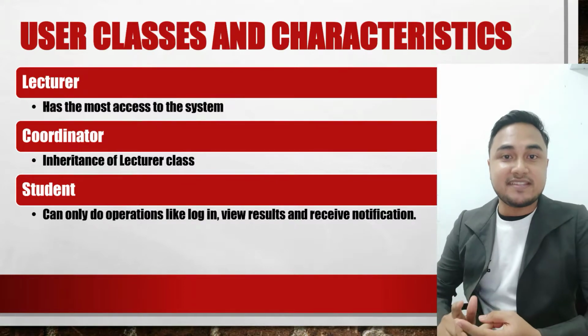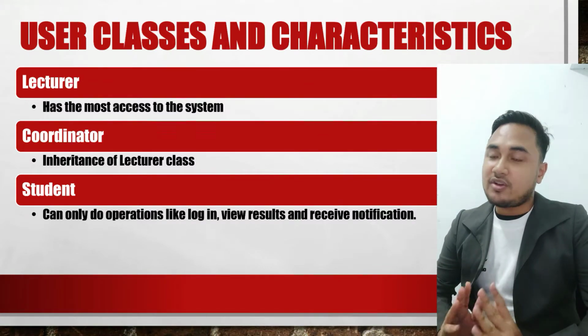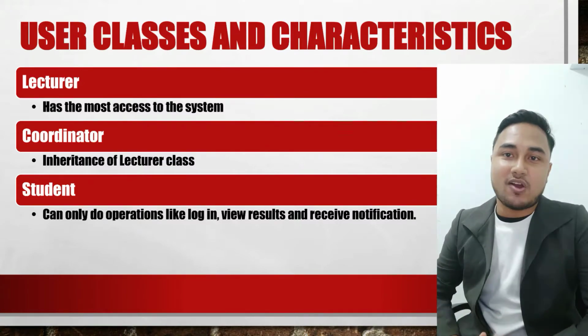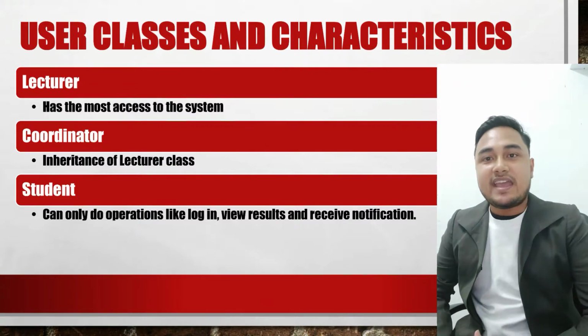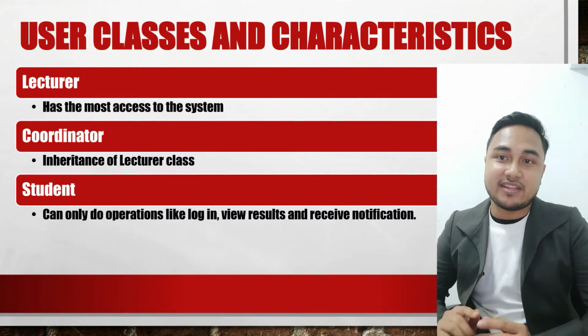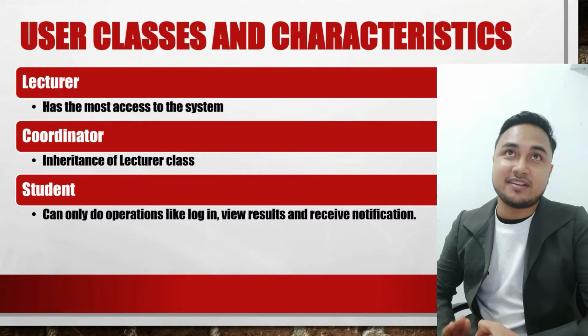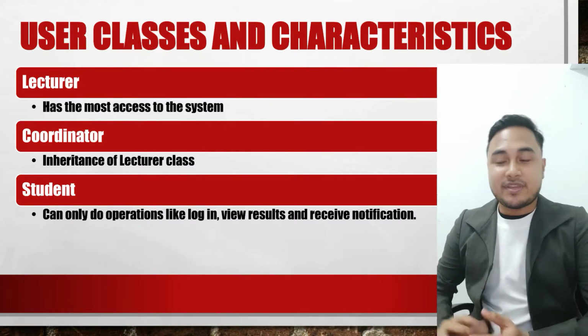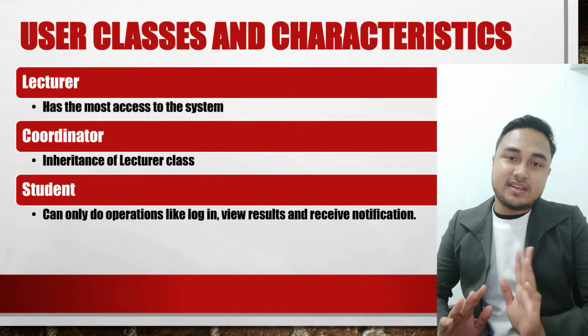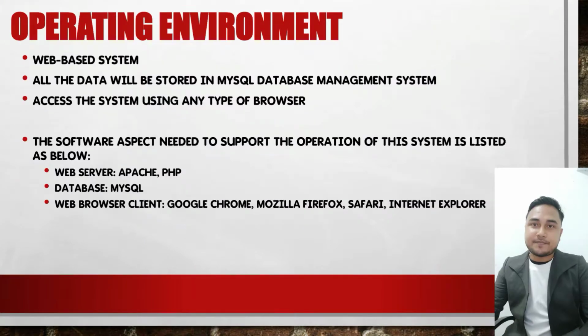And we have the coordinator, who is also a lecturer, so it is an inheritance of the lecturer class. And then we have the student, who can only do operations like log in, view result and receive notification, because their evaluation will be done by the lecturer.